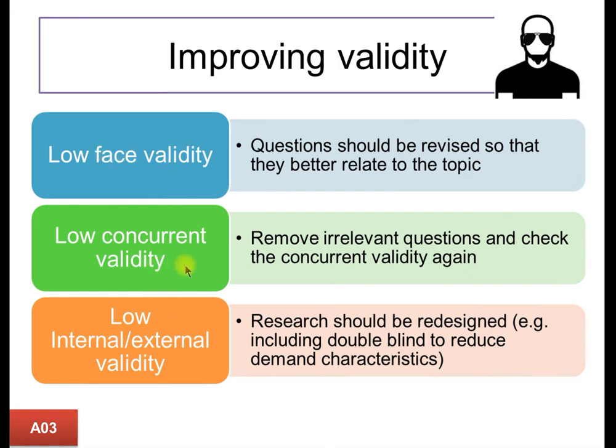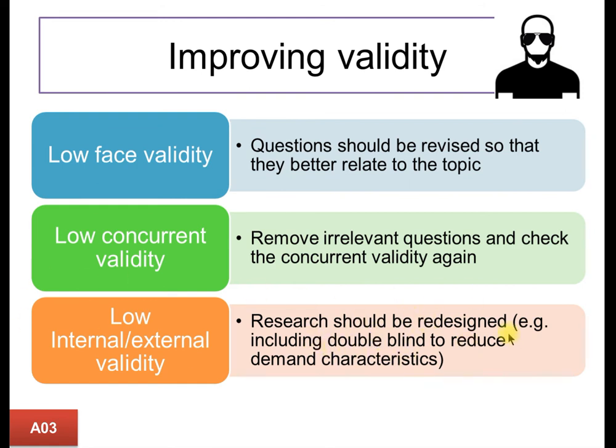If your study has low concurrent validity, you can remove irrelevant questions or elements and check the concurrent validity again. And if your study or experiment suffers from low internal or external validity, then really what you can do is redesign your experiment.